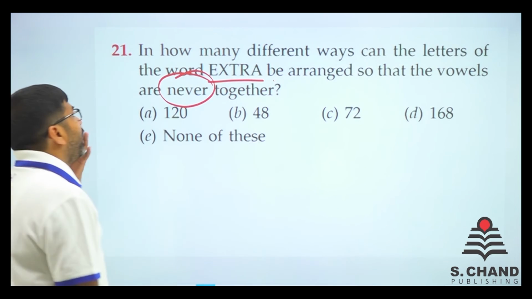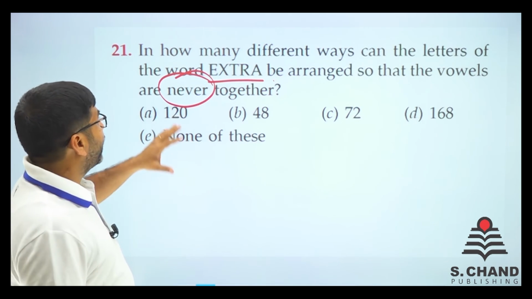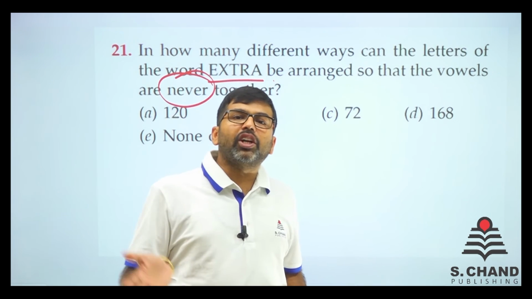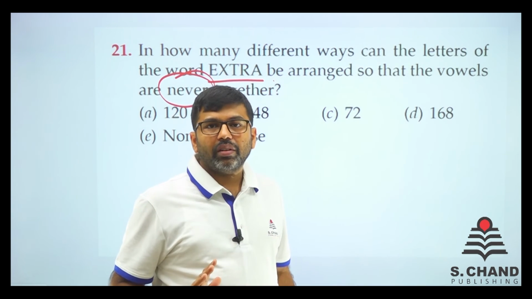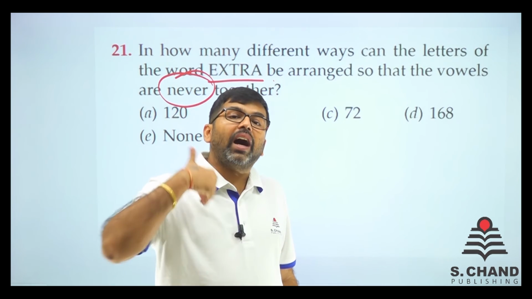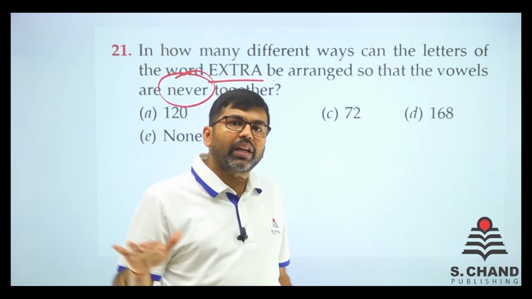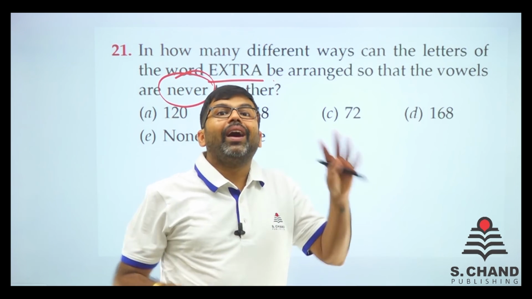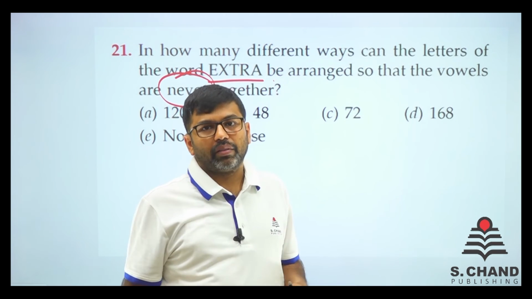So in this way, if in EXTRA the vowels are never together, we do one thing. We'll find the total number of arrangements, and then we will find in how many ways they will be together. So total arrangements minus together arrangements is never together.